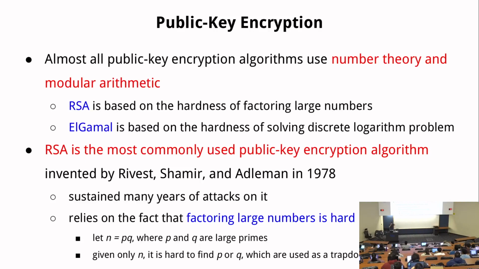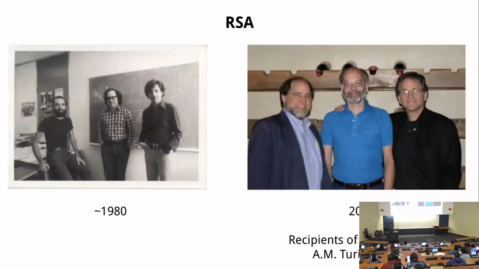So given only that n, it's mathematically difficult to find either p or q. However, if I give you n and give you p or give you q, it's super easy to find the other number, right? It's just a division. But without that, it's very difficult. That's why the p or q in this case is the trapdoor.